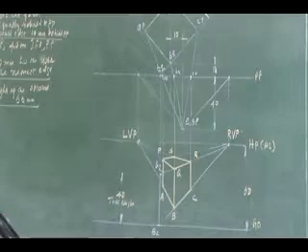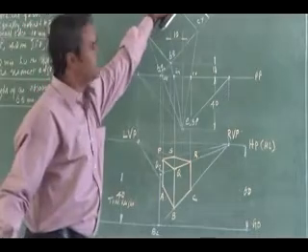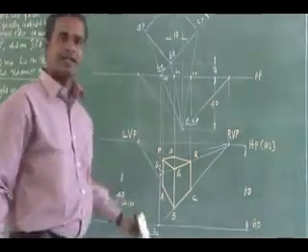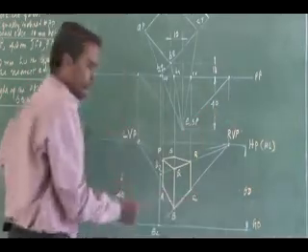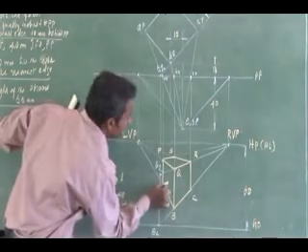So PQRS. Similarly, I have another point D. D I can get by joining A to the right vanishing point and C to the left vanishing point.